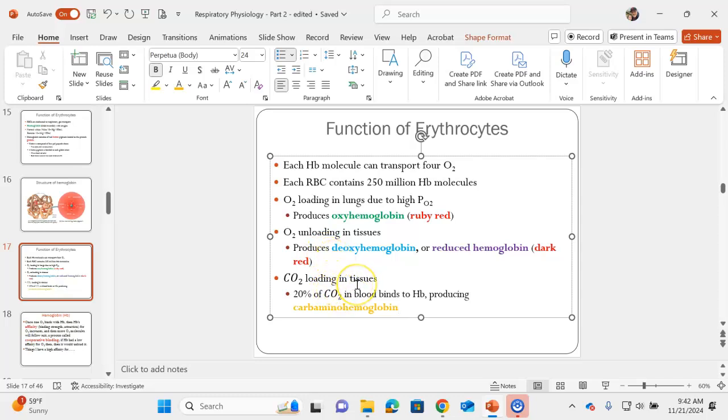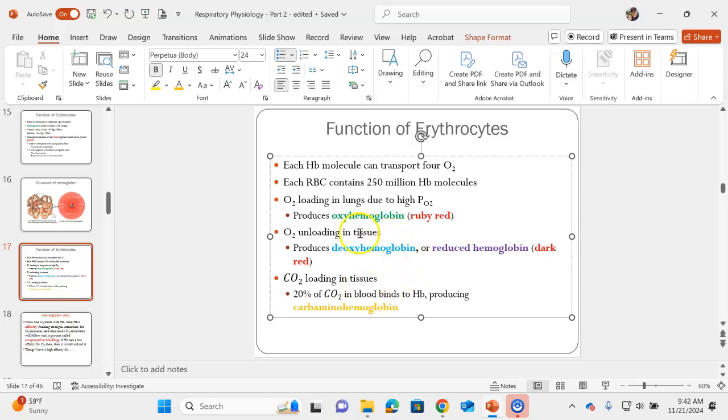At the same time, this is kind of where your mind gets blown a little bit. It's also called carbaminohemoglobin because it's essentially hemoglobin that's transporting less oxygen, but it's also now transporting more CO2. So it's referring to hemoglobin literally at the same time because it's in the blood that's on its way back to the heart.